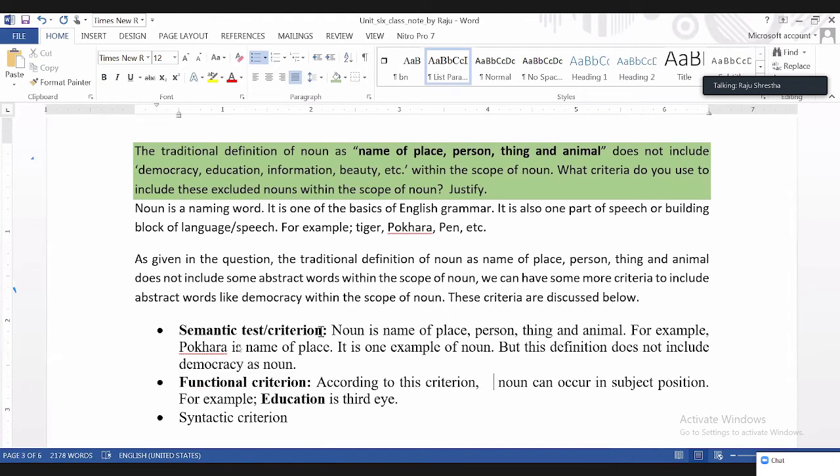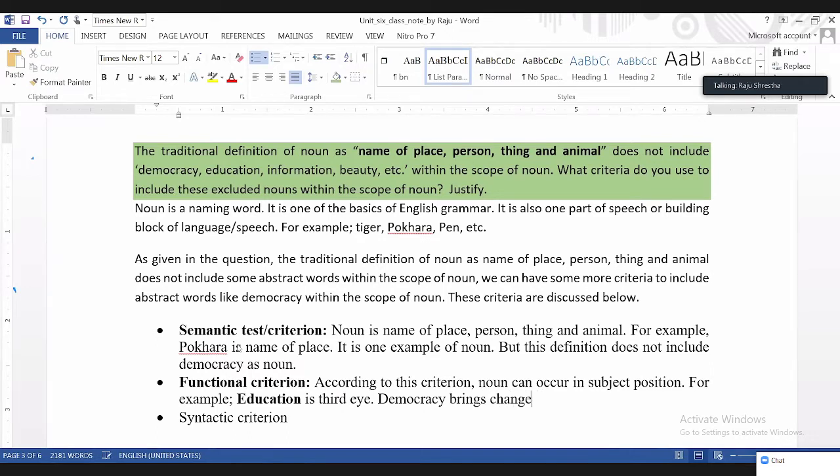a noun can occur in the subject position. For example, education is the third eye, democracy is good, or democracy brings change.